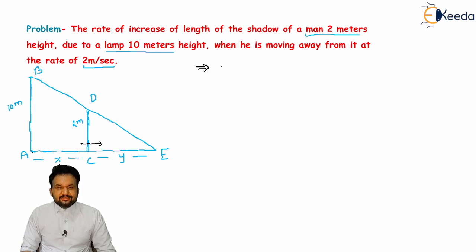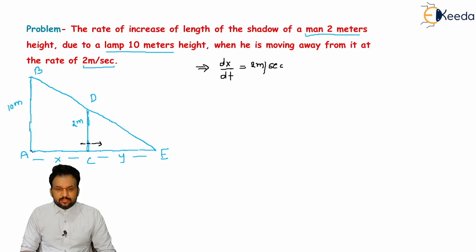If X is the distance of that person from the lamp, then it is increasing. So X is the length between the person and the lamp. So I can write that dx by dt becomes 2 meters per second. It is given to you. Directly I can write this. Okay, clear now?